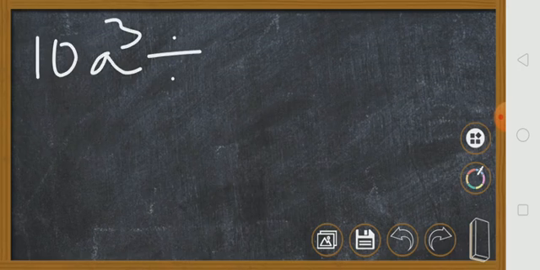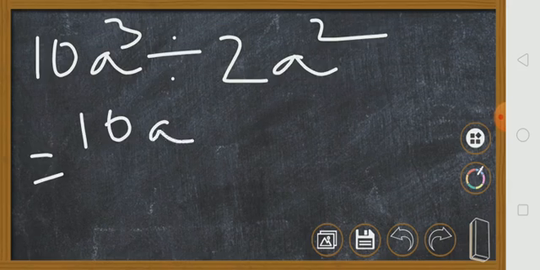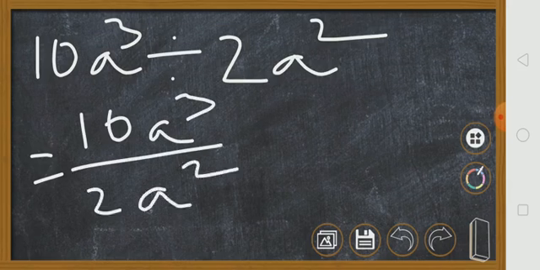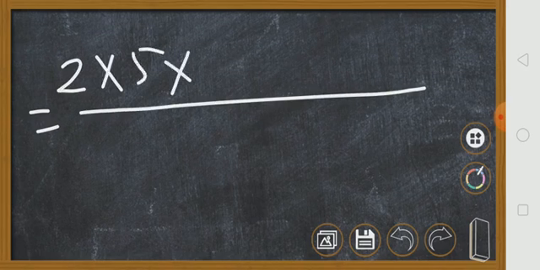Let's say we have one example, 10a power 3 divided by 2a power 2. How can we write it? We can write it as 10a power 3 by 2a power 2. Now we'll break it into factors. 10 can be written as 2 into 5, and a power 3 means a into a into a.